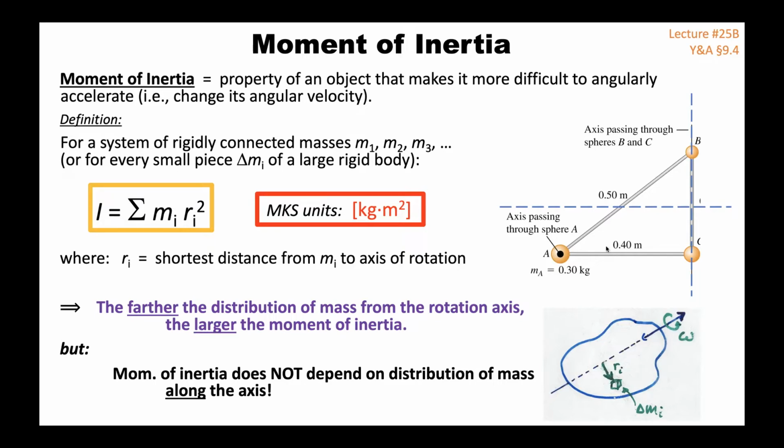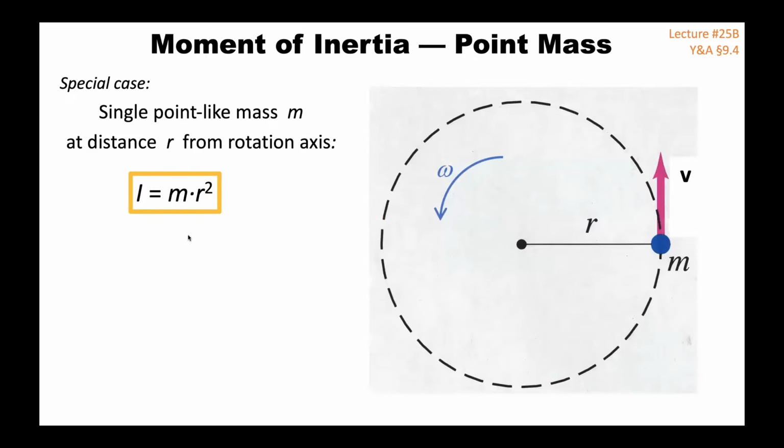All right, we're now going to talk about some special cases. Let's first consider a special case of a single point-like object. So in that case, there's only mass number one, that's it. It's a single point-like mass, and suppose that it's simply spinning around at some distance r from the rotation axis. This probably looks an awful lot like our uniform circular motion from a few chapters ago. What would be the moment of inertia then of a single point mass rotating at distance r from its rotational axis?